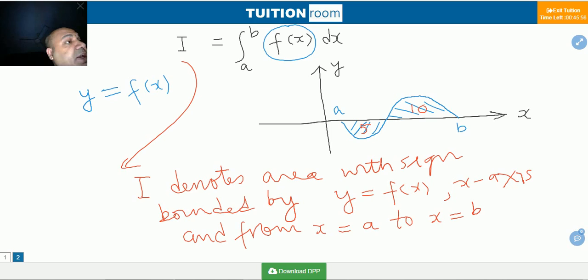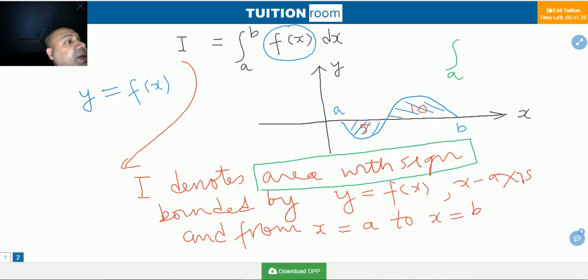I am going to clarify this for all of you. Area with sign, what does it mean? If area lies below the x-axis, then it will be taken as negative. If area lies above the x-axis, then it will be taken as positive.